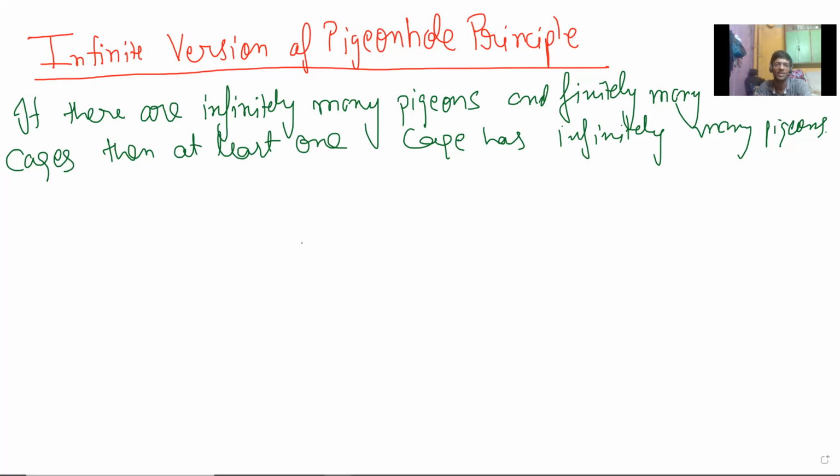There's something called the Baire category theorem. There it's a similar kind of thing: if there are uncountably many pigeons and countably many cages, then one of them goes into countably many, and there's more than that. But for us there is nothing called uncountable now. So this is what we have, and we'll try to apply this.